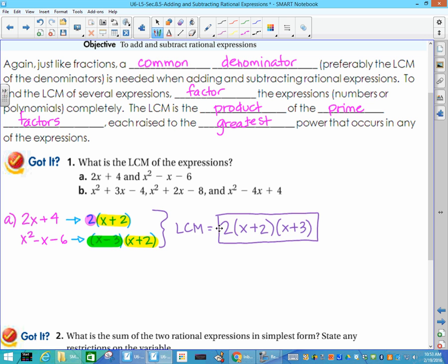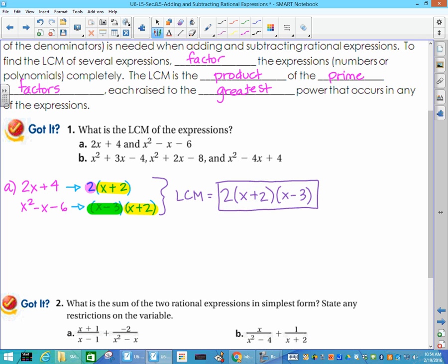And I have it right here, a 2 times an x plus 2. Down here, I have an x minus 3 and an x plus 2. And that just made me catch, why on earth did I write plus 2 when it has to be the same? So that should be minus 3. So now I have an x minus 3 times x plus 2 in both places. So I have it. All right, let's look at the next one.